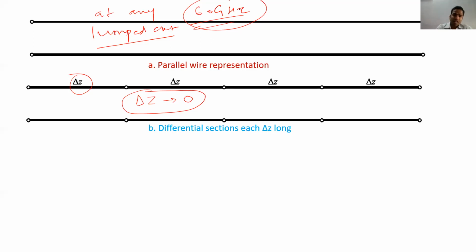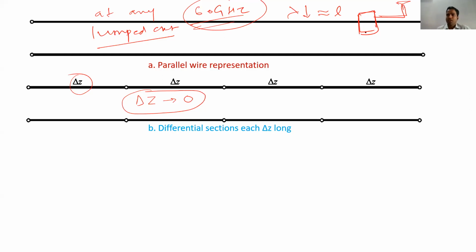In that range the frequency is very high, the lambda is very small, and it is almost comparable to the length of the line. And when I say line, it can be from the antenna to the transceiver circuit, which is very small, or the transceiver circuit itself is made up of transmission line.